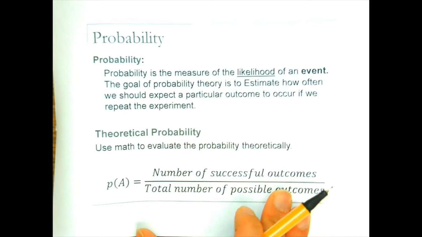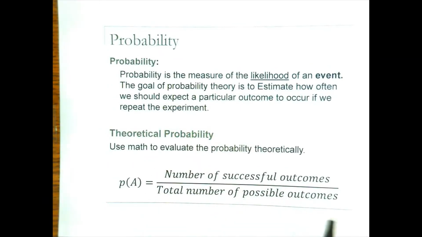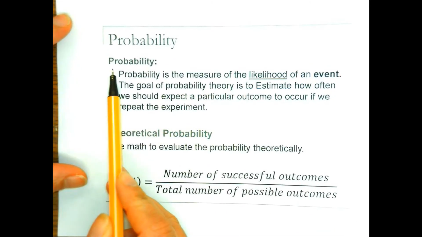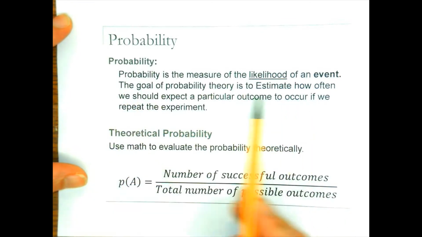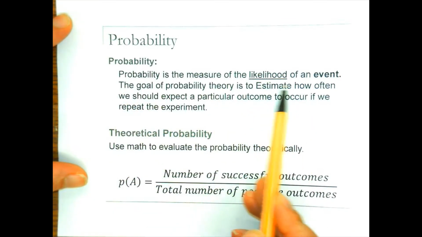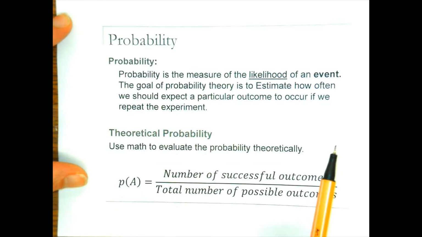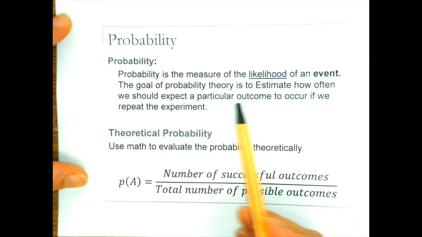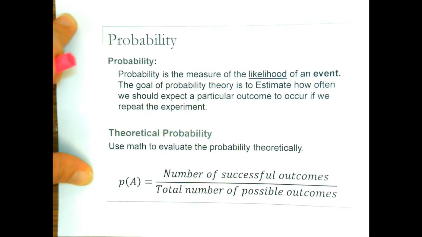So one more time, let's go over the definition. So what is a probability? It's the likelihood of an event happening. We want to estimate how probable it is for a certain event to happen if the same experiment is repeated.